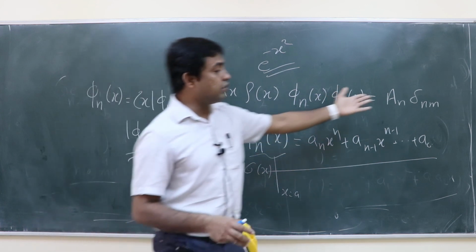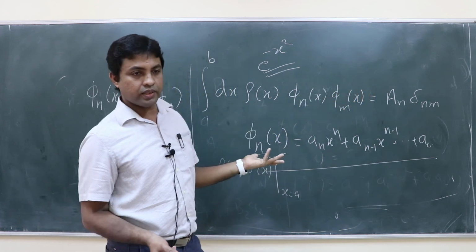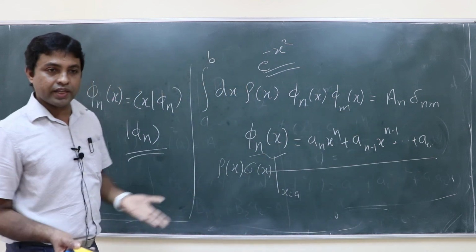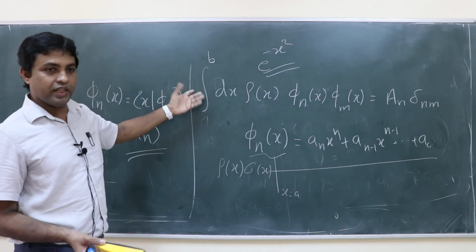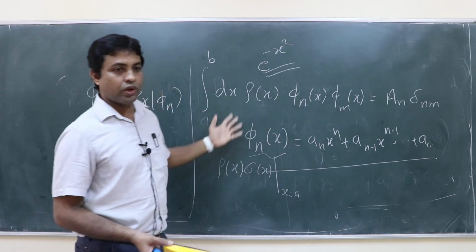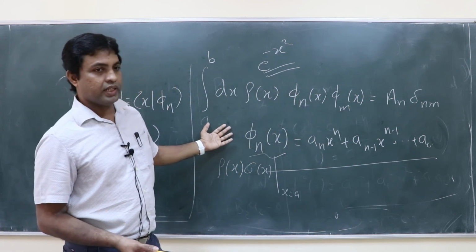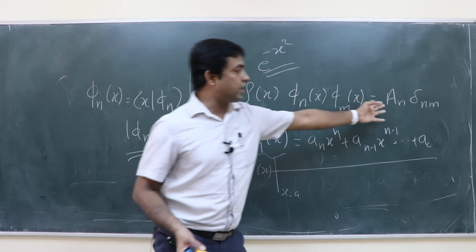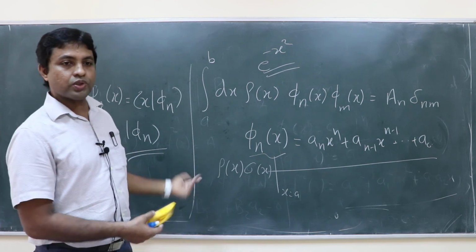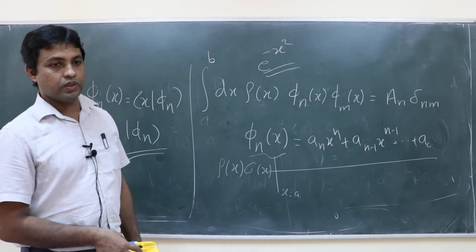Suppose this is infinity, then it is not square integrable. So we have to have an an which is not infinite, because when n is equal to m, this gives the square integrability condition. If the right hand side is finite for n equal to m, it implies that it is square integrable.